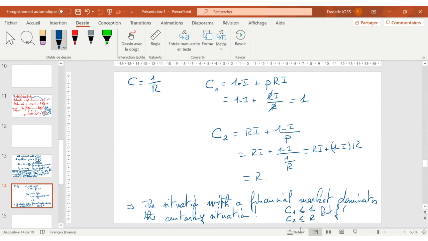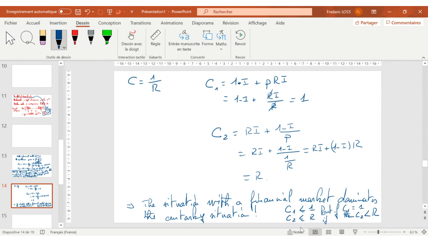If C1 equals 1, then C2 is strictly lower than R, and if C2 equals R, then C1 is strictly lower than 1. So the situation with a financial market dominates the situation without a financial market, the autarky situation.